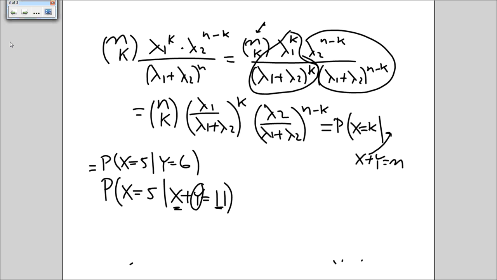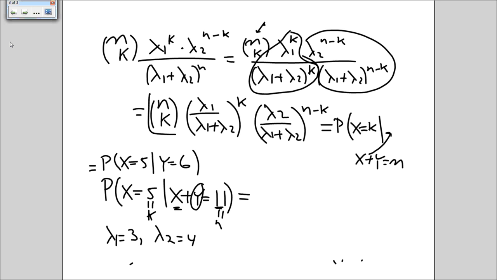Now, this is what I'm calling k, and this is what I'm calling n. Suppose lambda 1 is 3 and lambda 2 is 4. So what's the probability that x is 5, given that x plus y is 11?